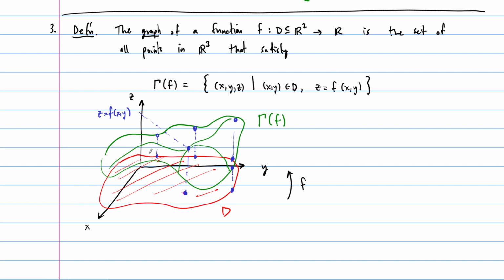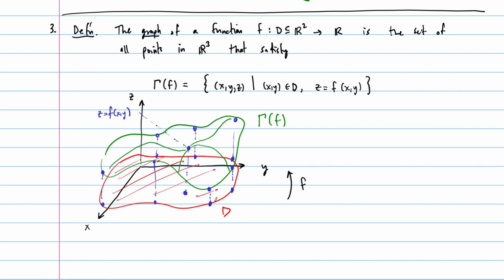Again, it's just a rough sketch; I just made this up. But the idea is that this green surface is sitting directly above the red domain, the entire set that forms the domain. And the blue lines just show how the height is determined by the function itself.